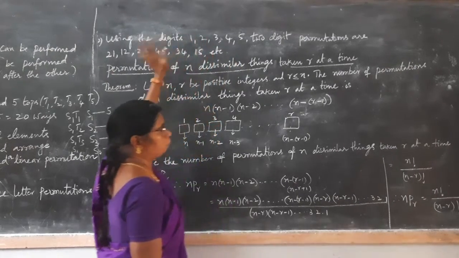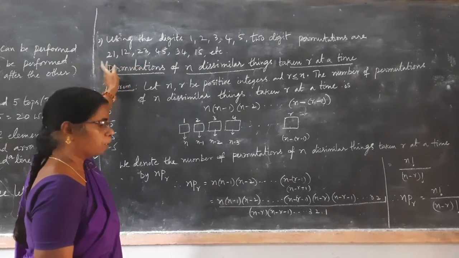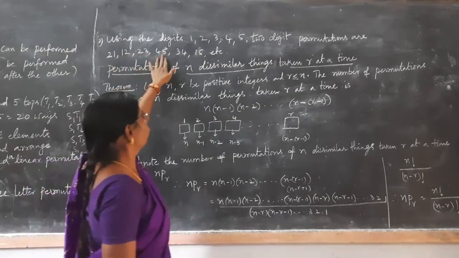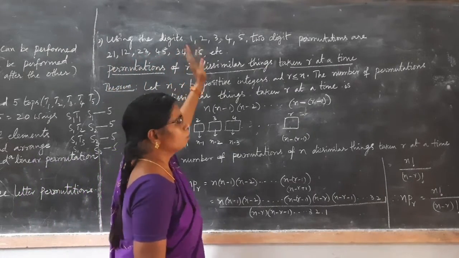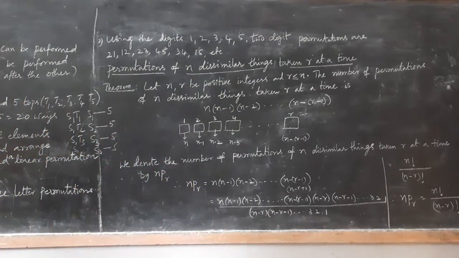I am arranging them in a row. So how can 1, 2 be arranged? 1, 2 and 2, 1. In this way 1, 2, 2, 1, 2, 3, 4, 5, 3, 4, 1, 5. So we can get many 2 digit permutations like this.